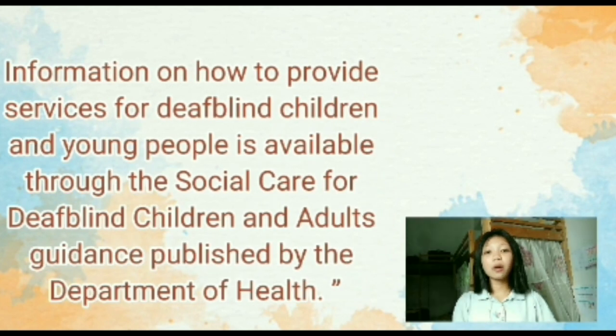The children and young people with MSI have a combination of vision and hearing difficulties. Information on how to provide services for deaf-blind children and young people is available through the Social Care for Deaf-Blind Children and Adults Guidance published by the Department of Health.